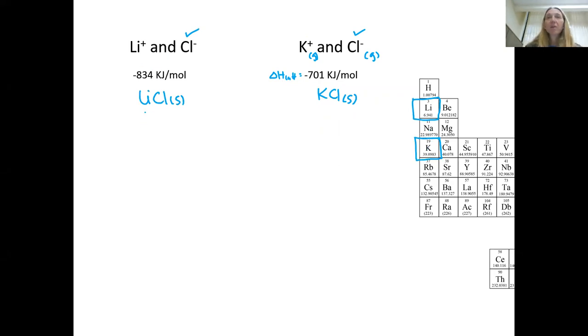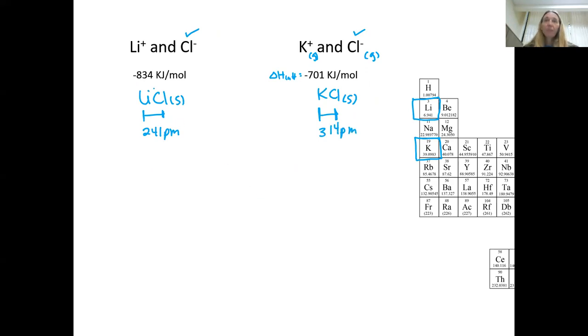Okay, so I'm going to go through and list some of the differences. So between lithium and chloride, we talked about atomic distances. There's a distance of 241 picometers. Okay, between potassium and chloride in these big ionic structures, the distance is 314 picometers.